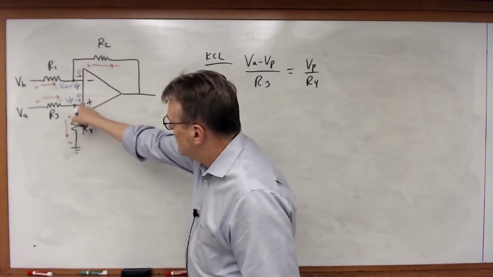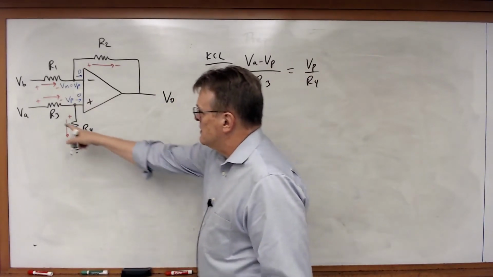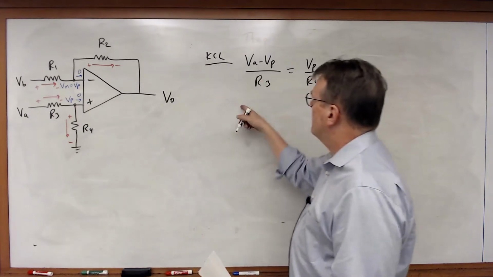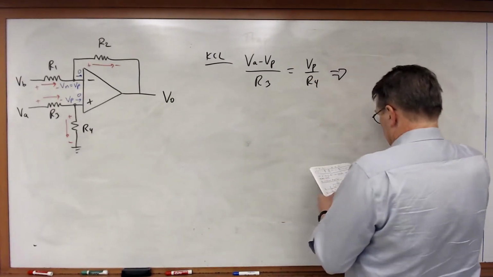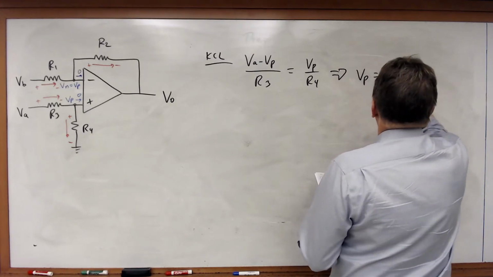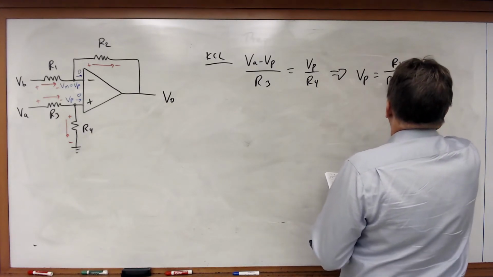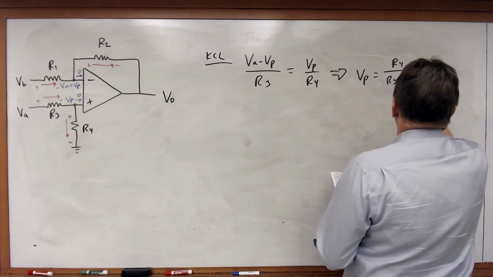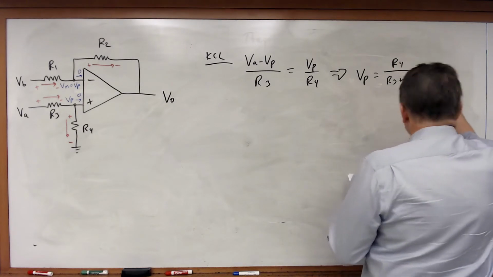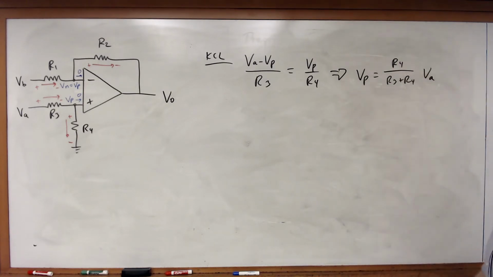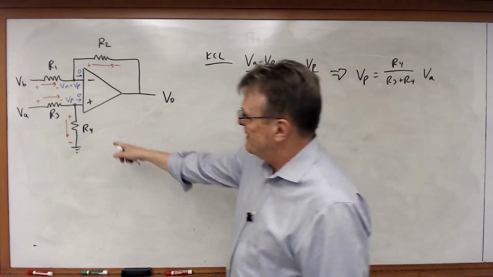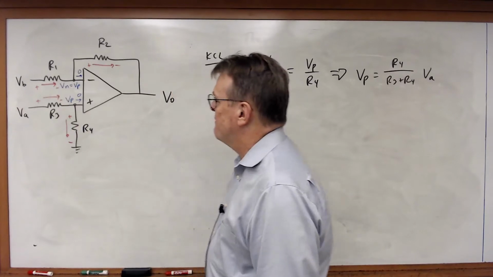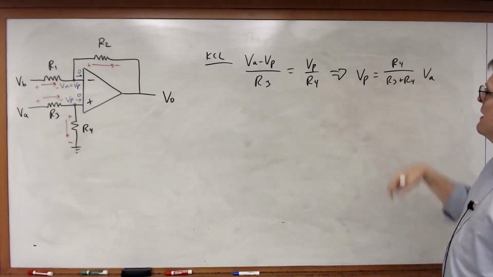Of course, the current into the op amp is 0, so just this current's equal to that current for the VP node. And what I get then is that VP is equal to R4 over R3 plus R4 times VA. This is really nothing more than a voltage divider when you think about it, right? Just voltage division. VP is the voltage division of VA.